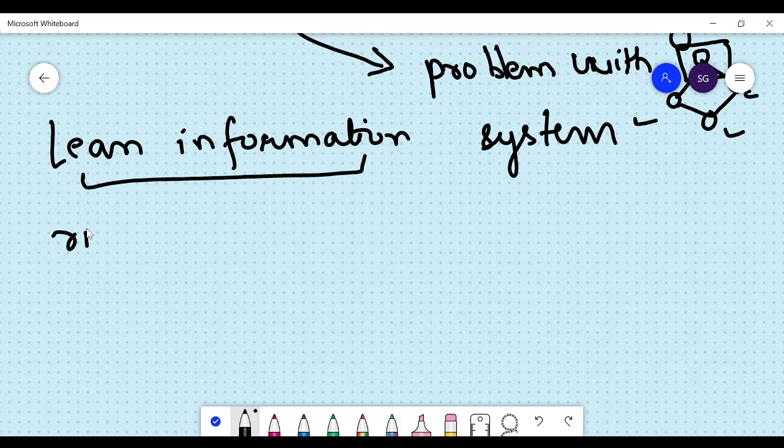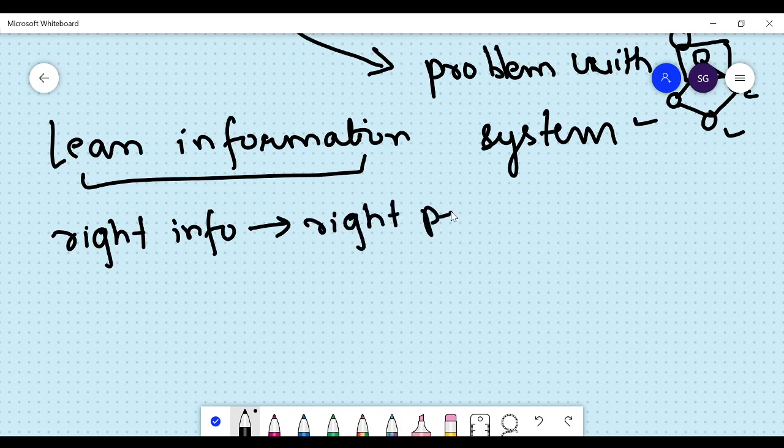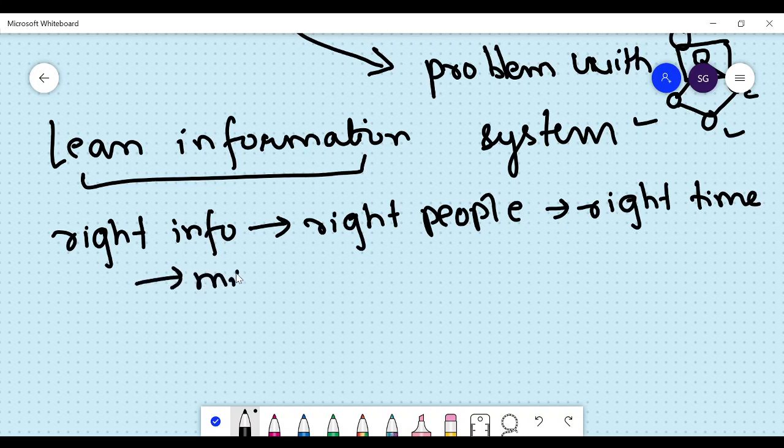Lean information is providing right info to the right people at the right time with minimum wastage.